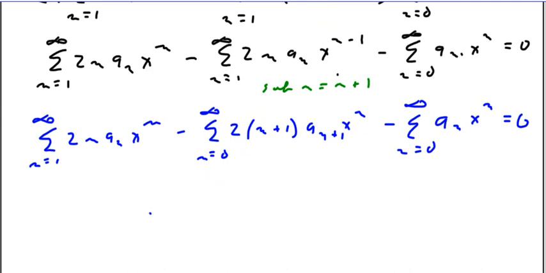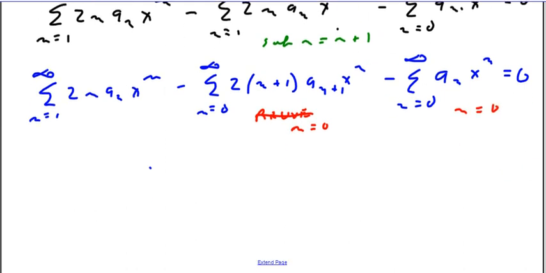Okay, and then I'm going to remove, I misspelled remove. Okay, I'm going to remove n equals 0 from both of these guys, so my summations will be indexed at n is equal to 1.